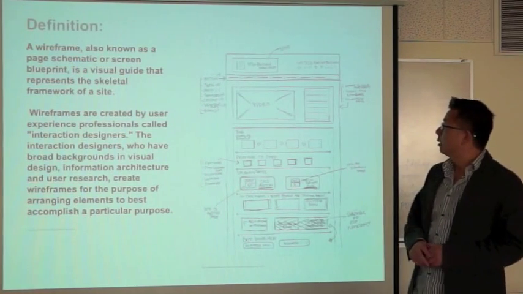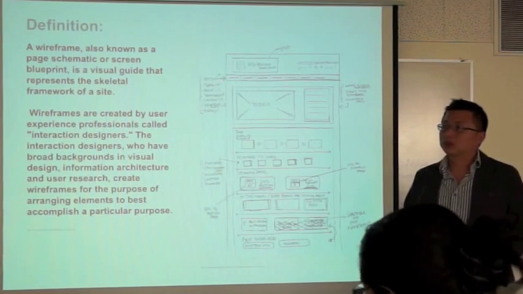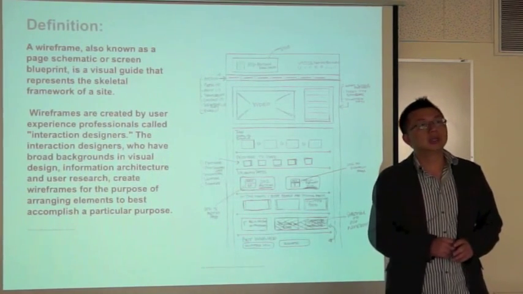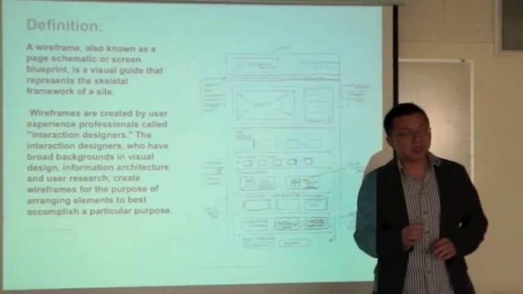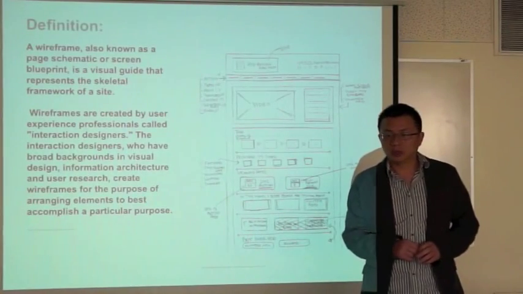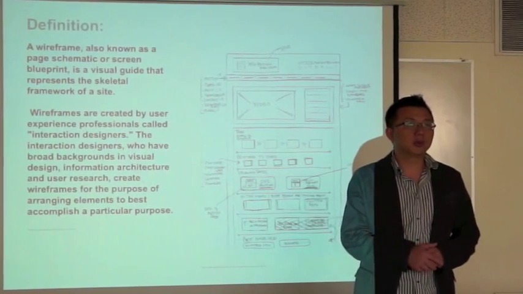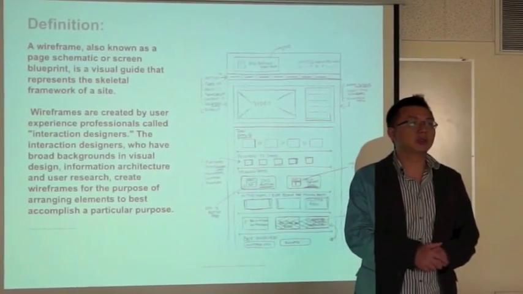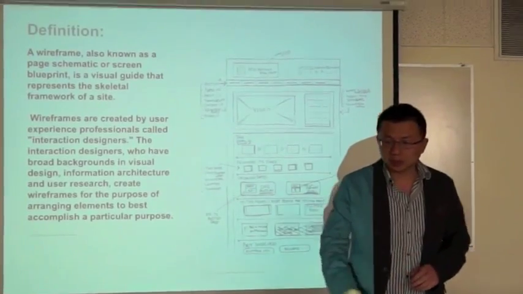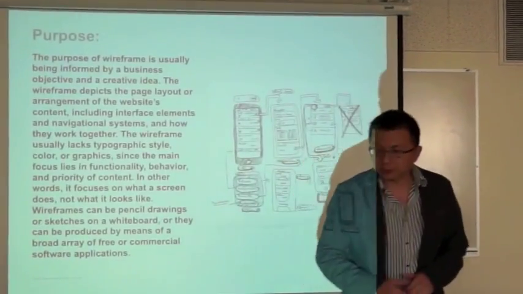It's a simulation, you know. It has elements like the layout, the basic features, all the content you created when you were doing your content inventory and your content strategy.